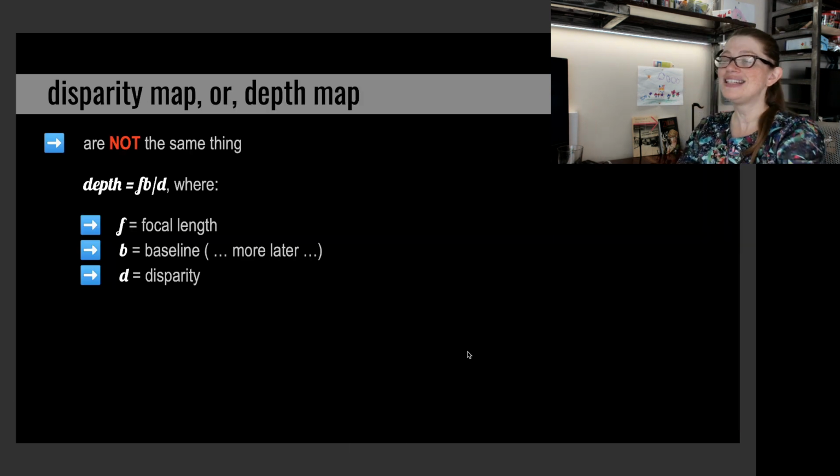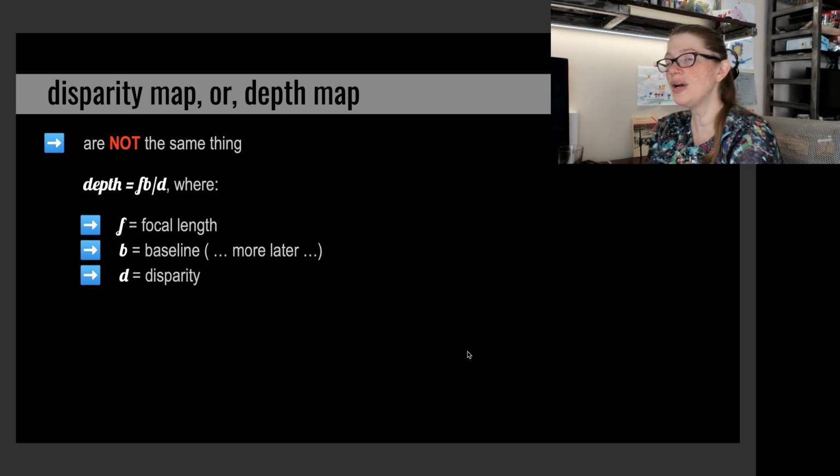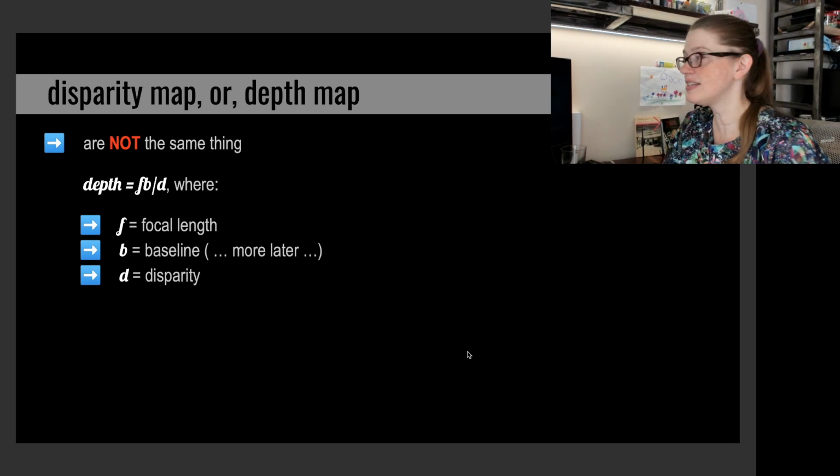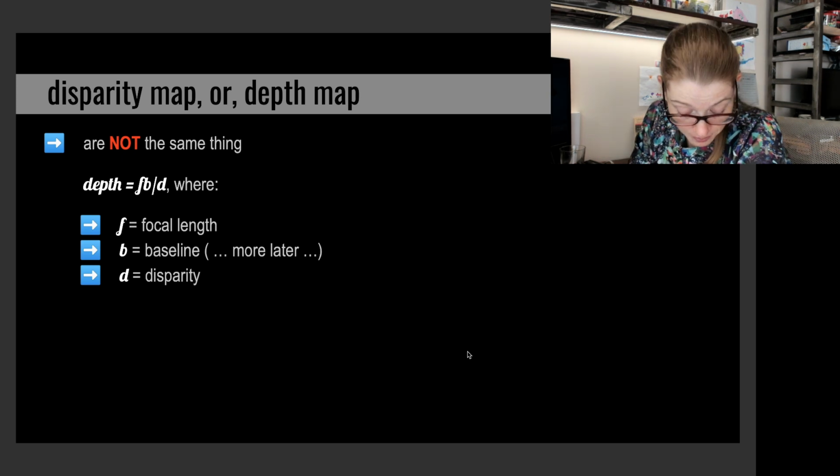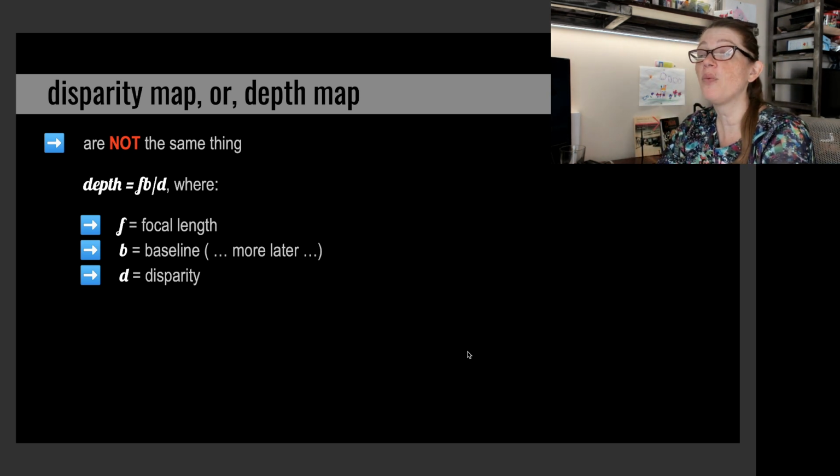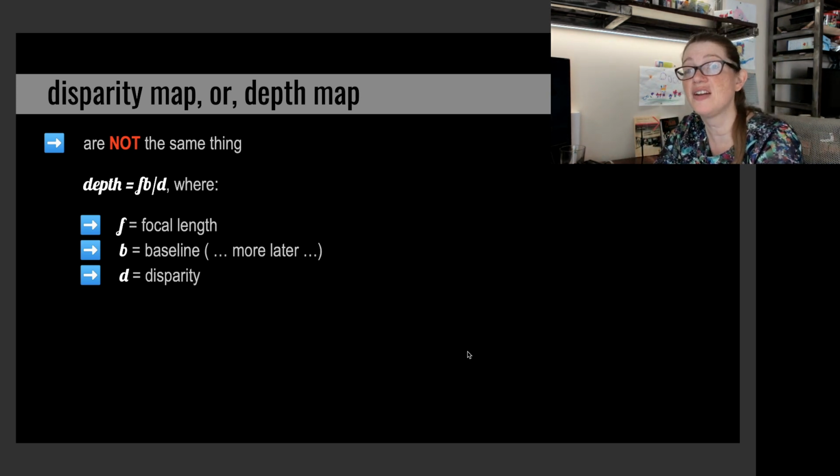Now, disparity map or depth map. When you're reading various 3D papers, you may see people refer to depth maps instead of disparity maps. I want to point out that while these two things are related, they are definitely not the same thing. They are very different.